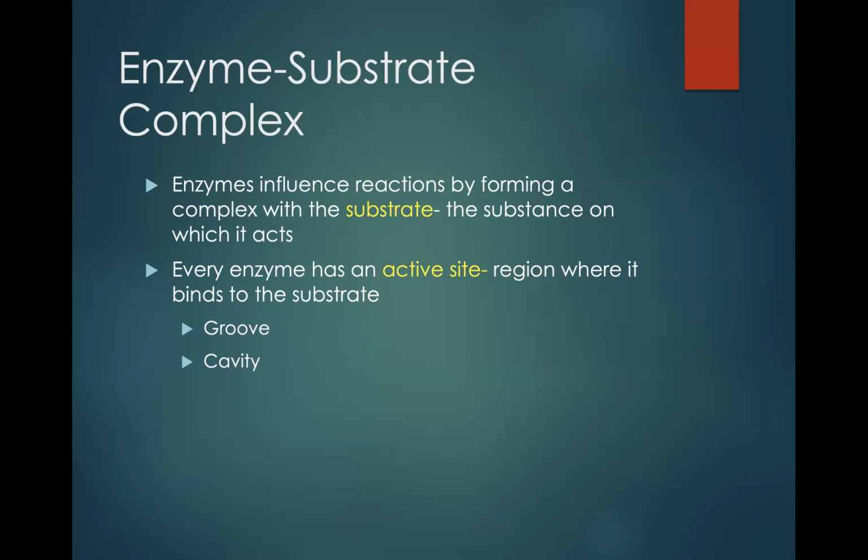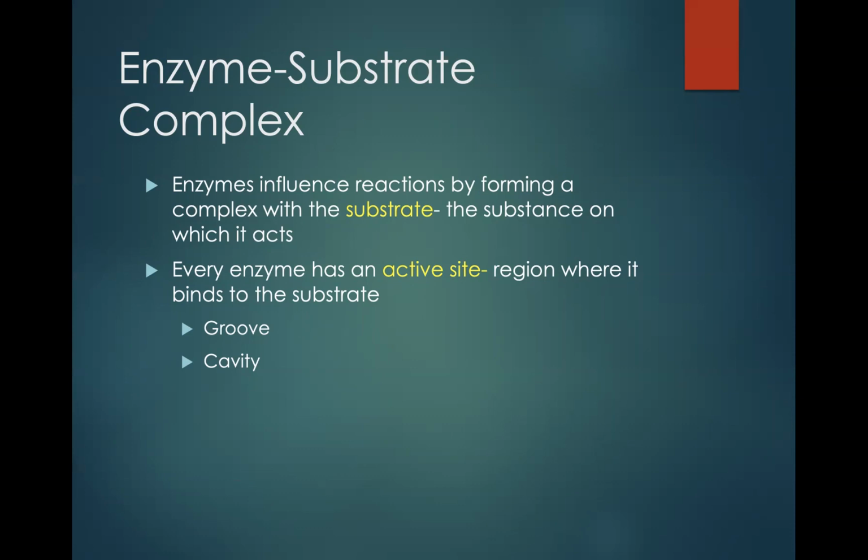So think about this enzyme as a lock. Every lock has a very specific key that's going to open this lock. This lock has very specific grooves and cavities for the key that has been cut for this lock. This is the same case for our enzyme and its respective substrate.